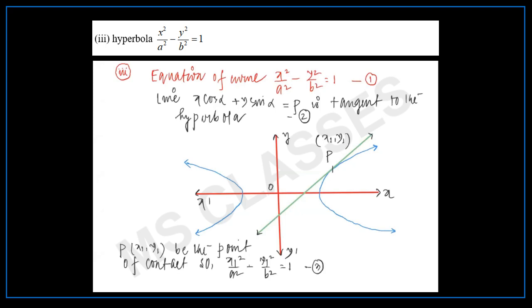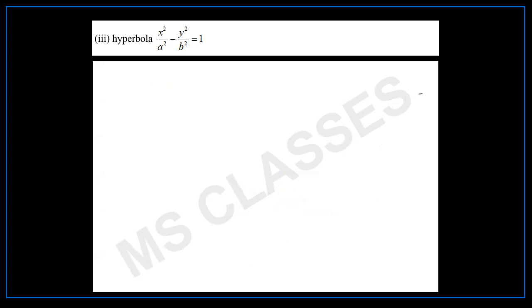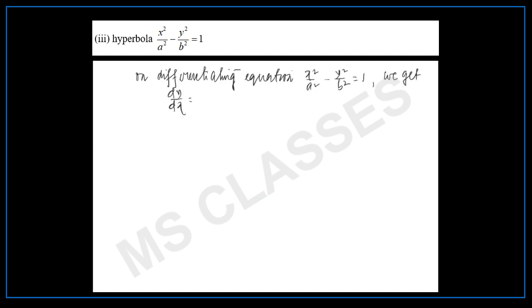Now, on differentiating equation 1, we get the slope at the point P. So on differentiating equation x square by a square minus y square by b square equal to 1, we get dy/dx equal to b square x by a square y.